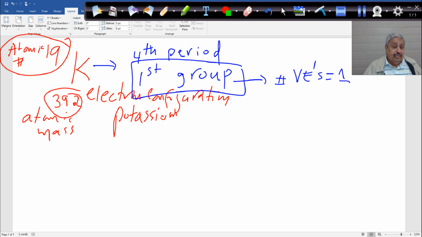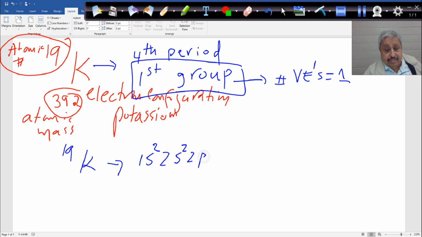So potassium, with the 19, will look like this: 1s2, 2s2, 2p6, 3s2, 3p6, correct? So how much do we have now? 18, correct? Now one more left will be 4s1.